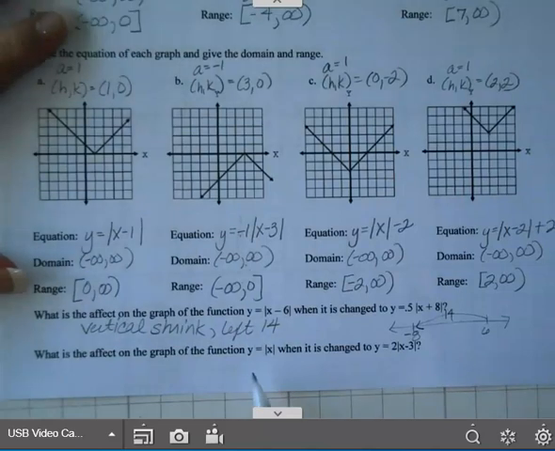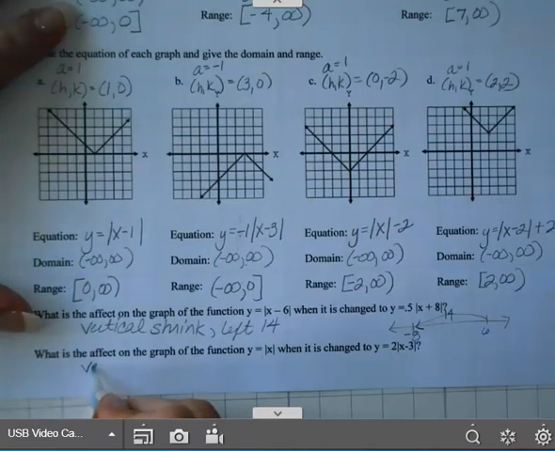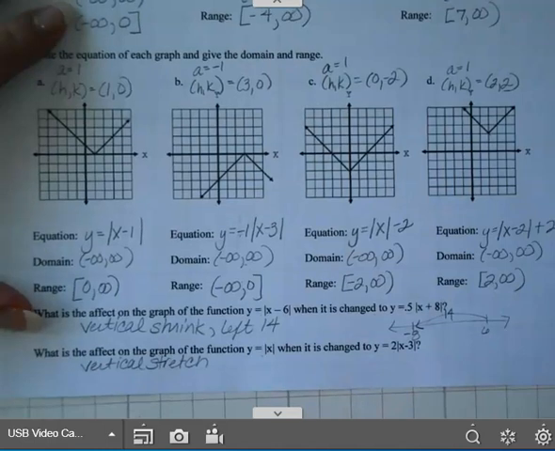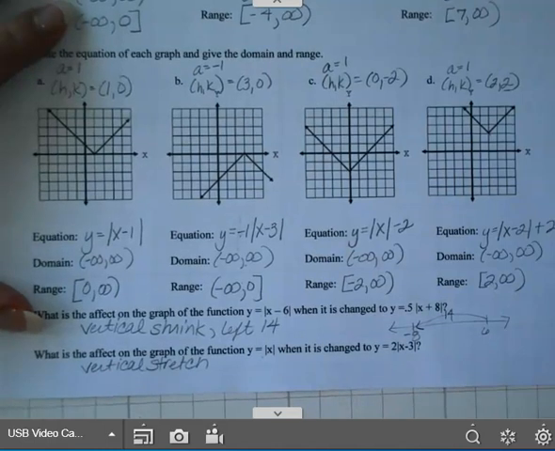And then on the next one, it went from 1 to 2, which means the a value got larger. So this is a vertical stretch. And if this had been negative 1 and negative 2, you don't pay attention to the signs because that has nothing to do with the vertical stretch or shrink.